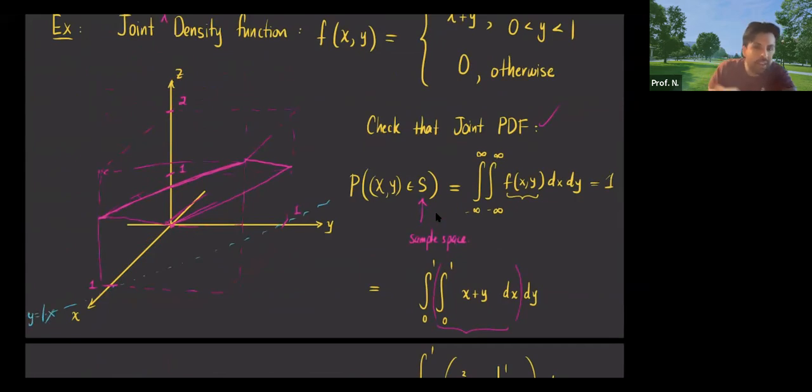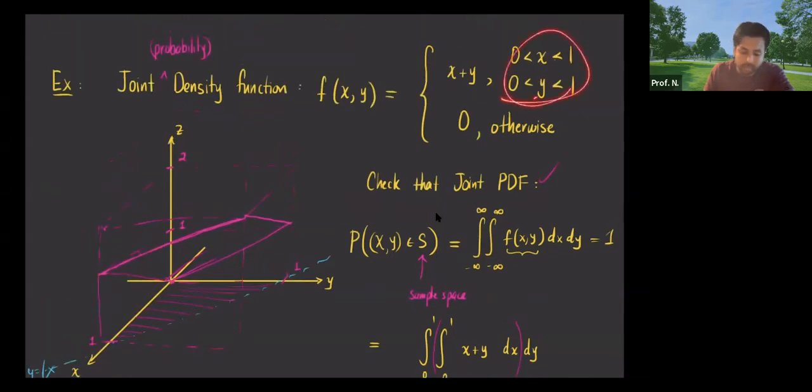But I want to find the region underneath it, which is this. And you see, I'm not spilling over the other side of the plane. Why? Because I'm only contained between 0 and 1 for the x and y values.